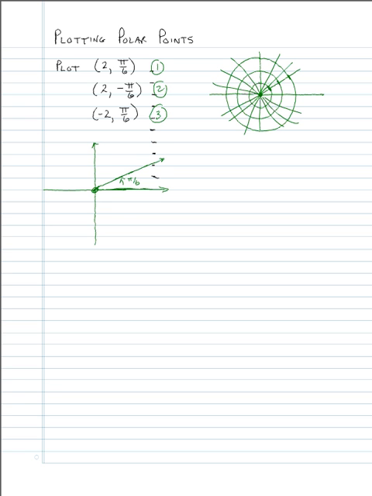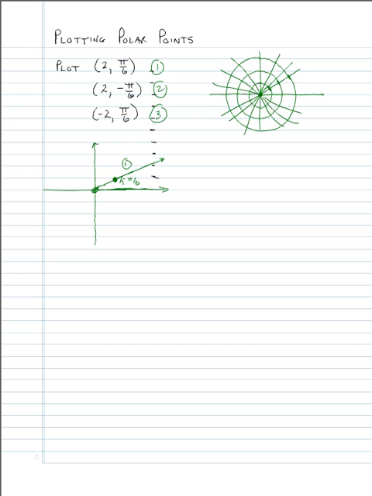Now, the next thing we do is look at our R value, and we measure, in this case, 2 units along the angle, where the initial point of the angle is the origin, and the 2 is positive, so we go in a positive direction. Here's 1, here's 2. So that's 2 units along the angle pi over 6, and that's the first point plotted.